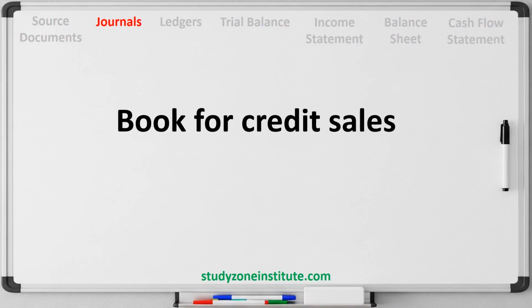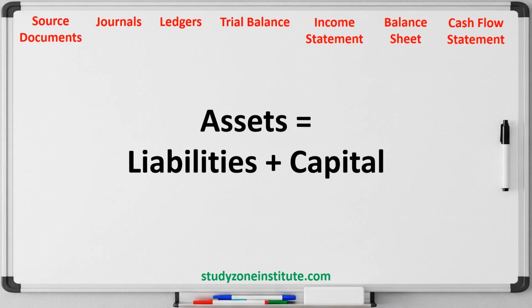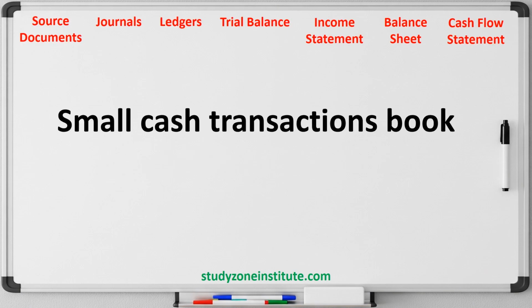Journals. Balances carried forward. Ledgers. Assets equals liabilities plus capital. Balance sheet. Small cash transactions book. Journals.